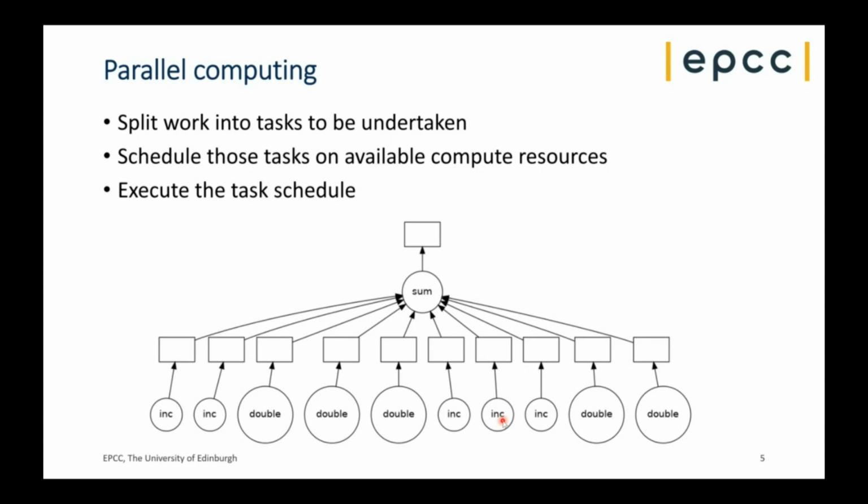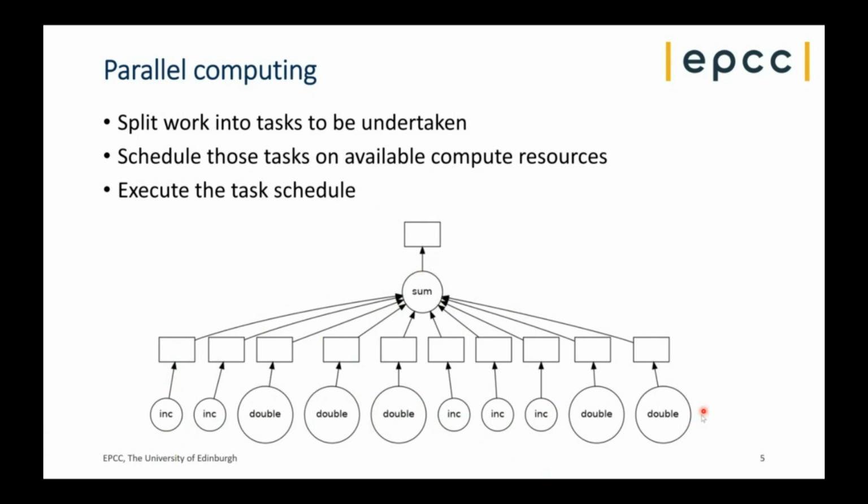Okay, and so this is an example of a Dask task graph where it's got a bunch of inc functions. These are all the same function, and then double functions as well, and they've got outputs, and then all the outputs of those are combined into another function called sum, which produces a final output for you.